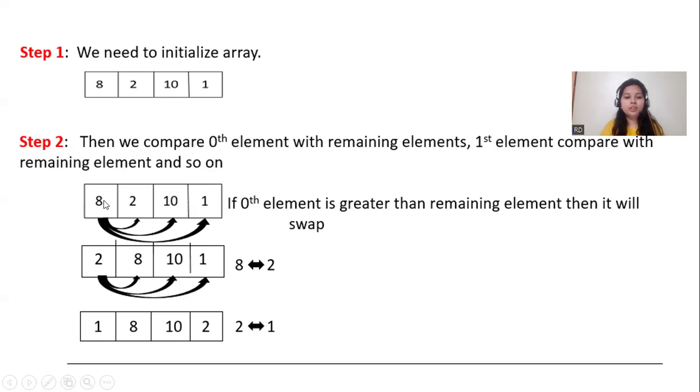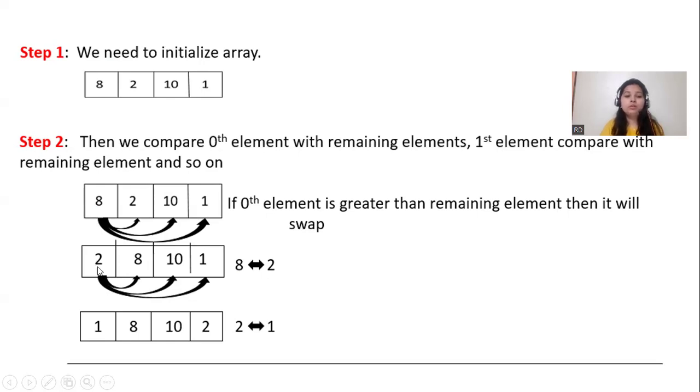Suppose here we are comparing 8 with 2, 10 and 1. So in the first iteration, 8 is greater than 2. In that case, we will swap both the elements. Then now our 0th element becomes 2 because we swapped them.